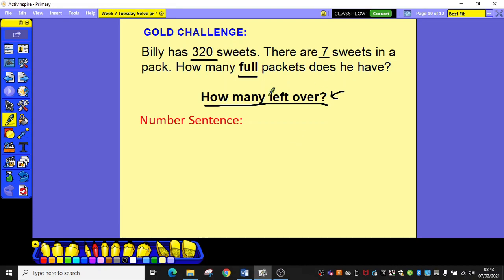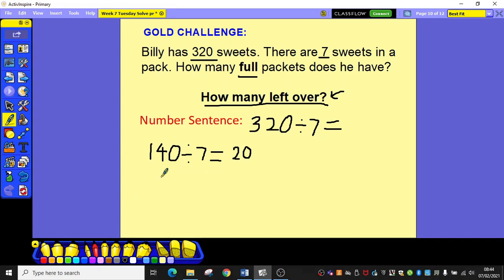So let's just write down our number sentence first of all. We said we'd always start with that. So we've got 320. We're dividing by 7. And again, I need to now partition 320 in order to solve my problem. So I could do 70 divided by 7, but we did work out earlier that 140 divided by 7 would be 20.